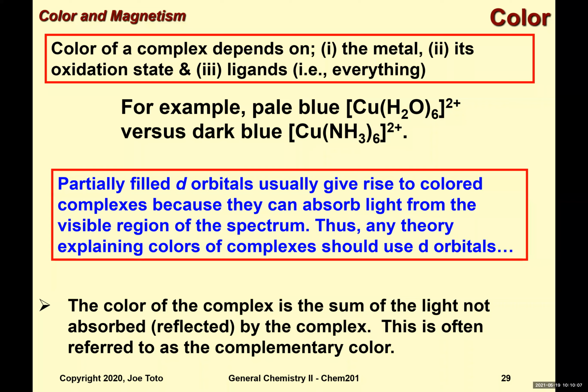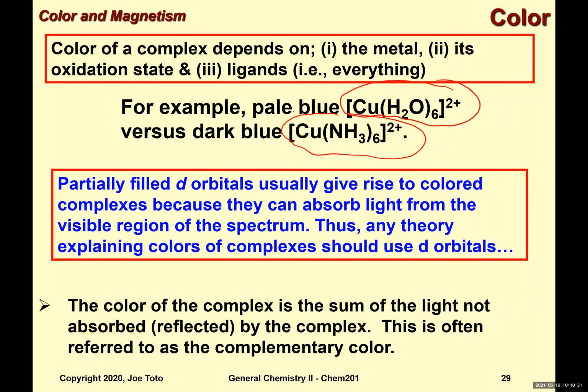So we start off by taking a look at color and what that is and how we perceive what we do. But anyway, what we're trying to do is better understand why, for example, a complex of copper that has 6 water ligands is a different color than that copper complex with ammonia.